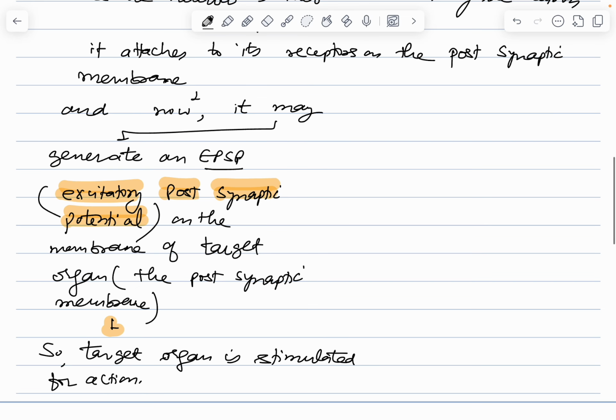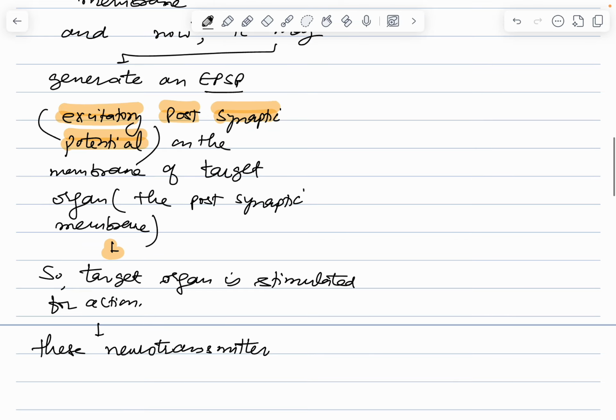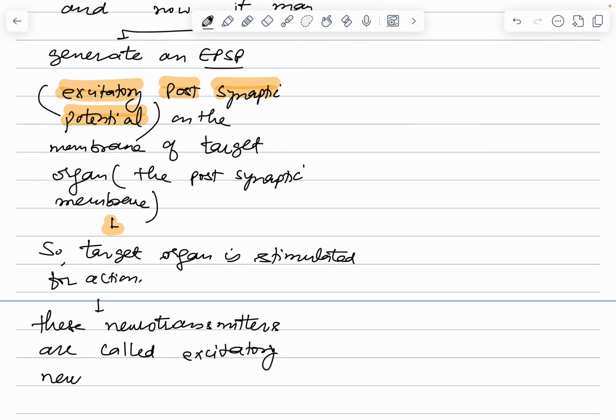These type of neurotransmitters, as we have done earlier also, the examples, acetylcholine and adrenaline, are called excitatory neurotransmitters, because effectively they are exciting or stimulating the action of the postsynaptic organs or the target organs.